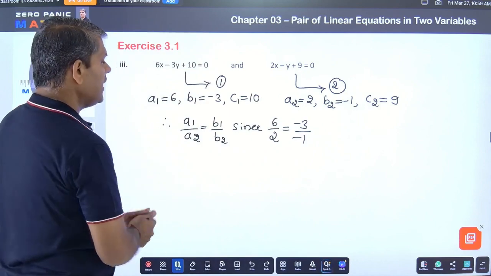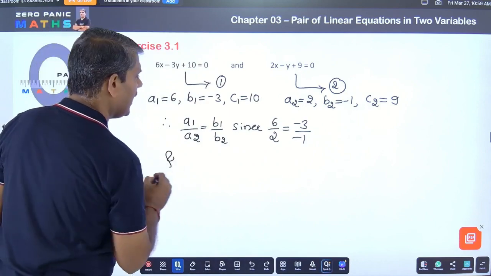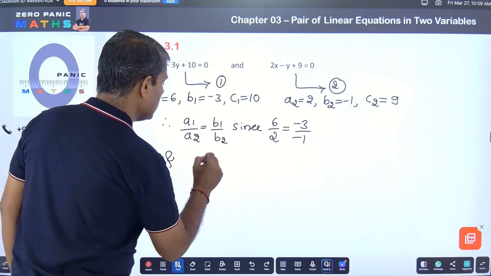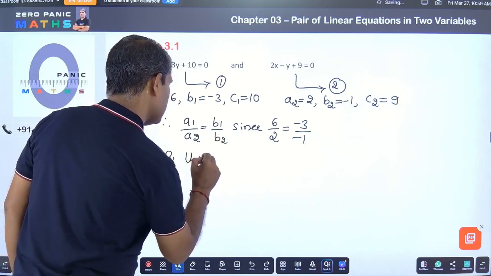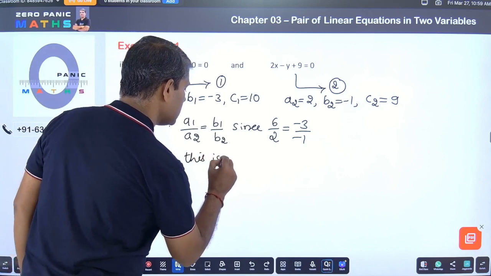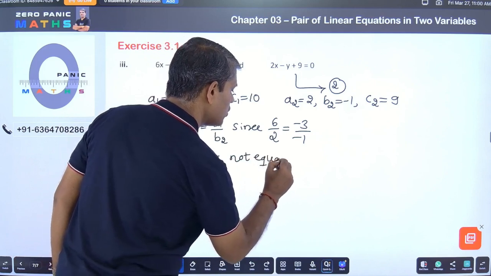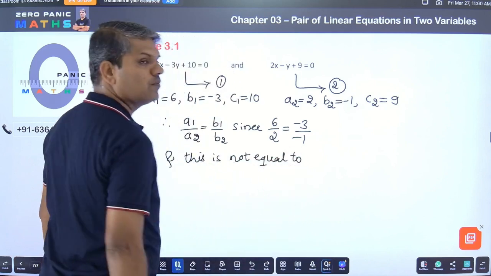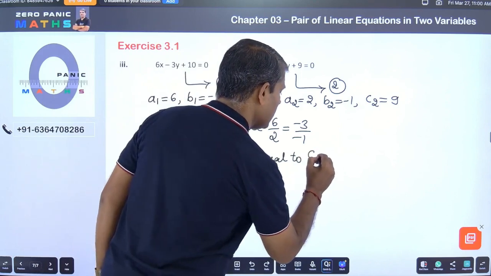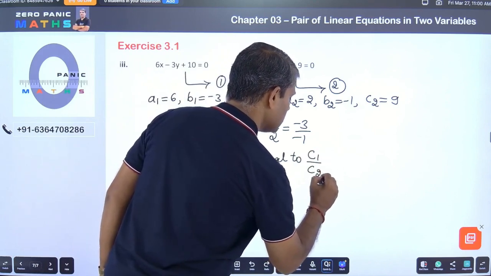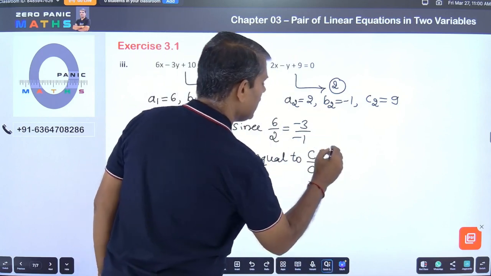No. This is not equal to c1 by c2, which is equal to 10 by 9.